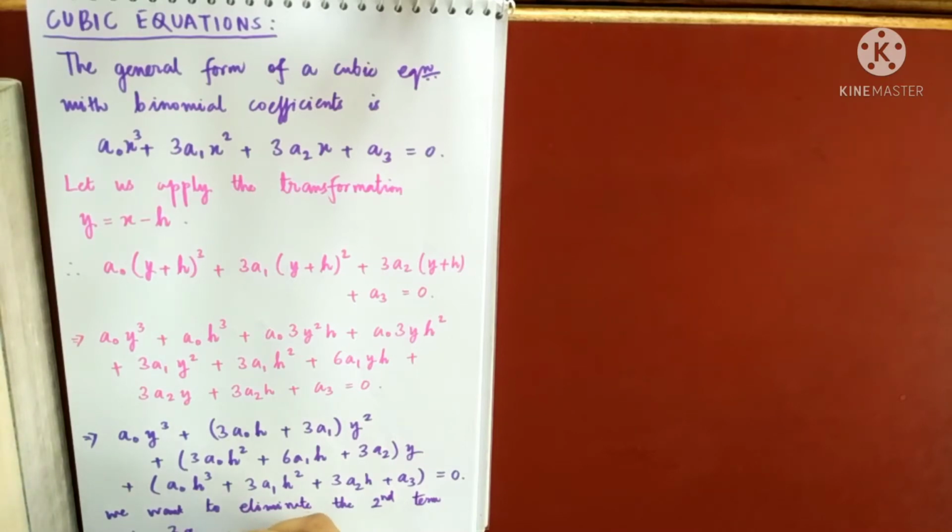So 3a0 h plus 3a1 must be equal to 0, and that means h will be equal to minus a1 by a0. So if I choose this value of h, what will be my transformed equation? I'll just have to replace all the h here. So this will become 0, that is for sure. And let's see what happens to the other coefficients.